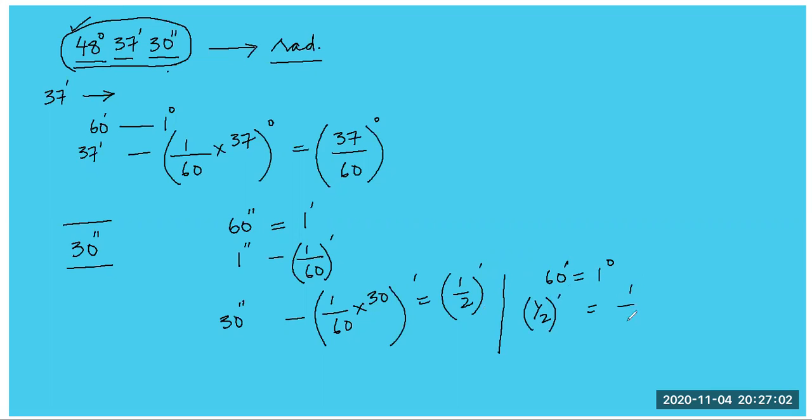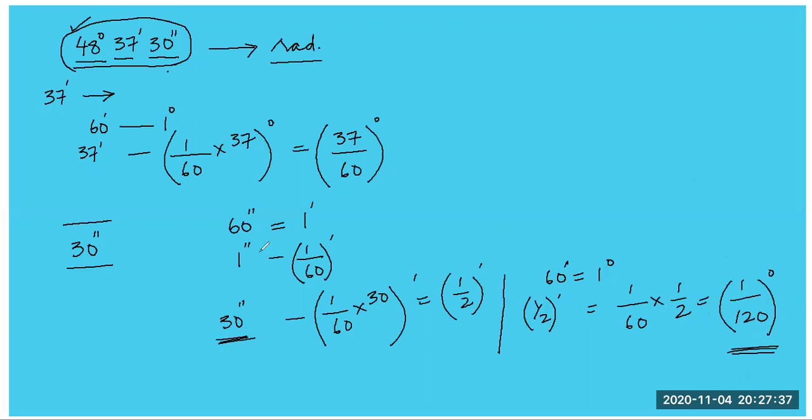That will be 1 by 60 into 1 by 2, which is equal to 1 by 120 degree. So half a minute is equal to 1 by 120 degree. So I have converted 30 seconds into degree.